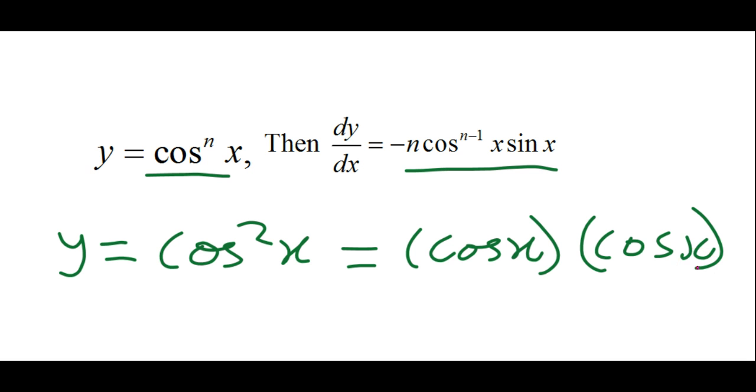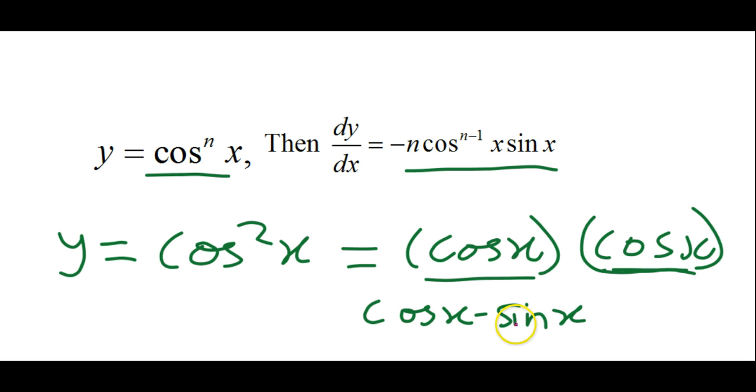And so when we want to differentiate cos x times cos x and you use the product rule, it means you hold cos x and you differentiate cos x, which will be negative sine x. Then plus, you hold cos x again and differentiate cos x. I hold this one, I differentiate this one.